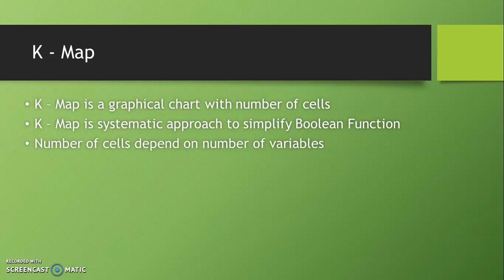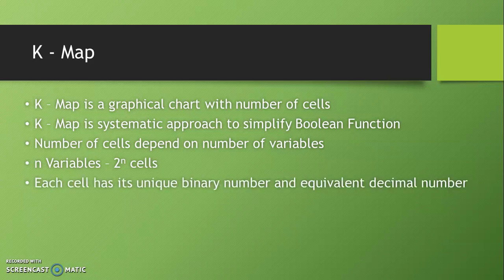It has a number of cells, and the number of cells depends on the number of variables in the Boolean function. Suppose we have n variables, then the number of cells will be 2 raised to power n. Each cell has its unique binary number as well as an equivalent decimal number.